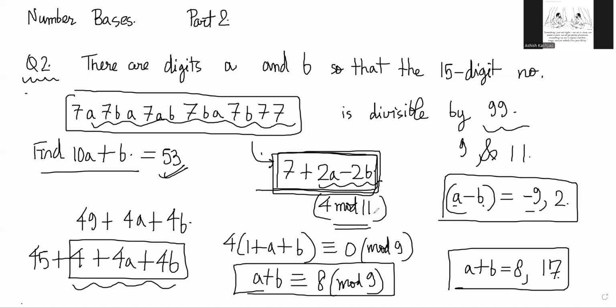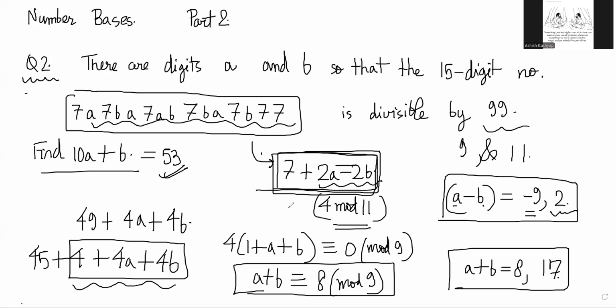It can be 4 mod 11, right? With the value of minus 9 here, you'll get minus 18 plus 7, which is working out. Yeah, I just did a minus b equals 2. I didn't realize a minus b could be equal to minus 9.